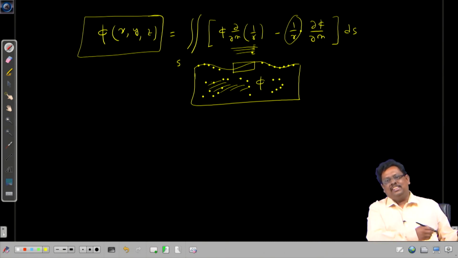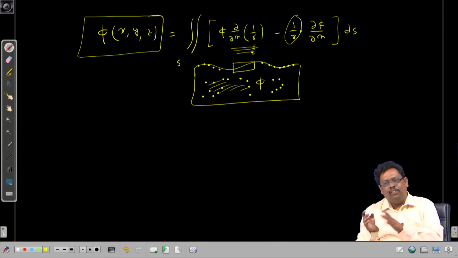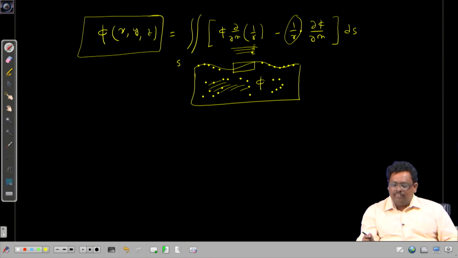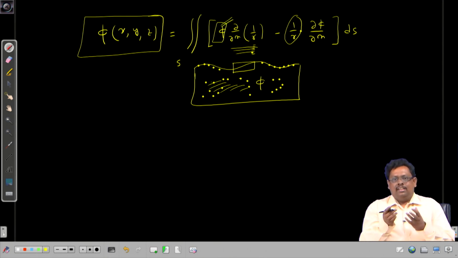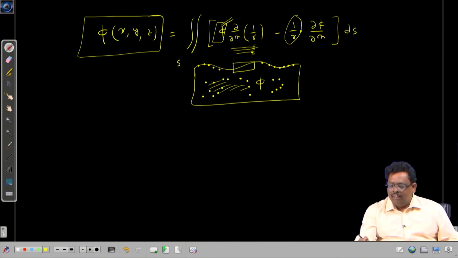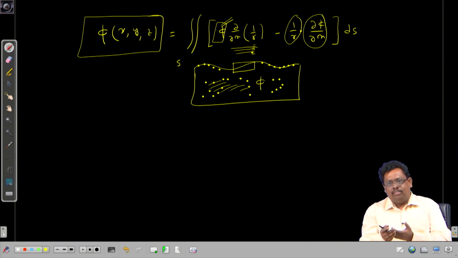See, coming back again to the problem related to the flow past the cylinder, there you put a dipole at the centroid. Now, here we have to distribute the dipole over the surface. So, I can see that this phi could be thought of as the strength of the dipole, and del phi del n can be thought of as the strength of the source.